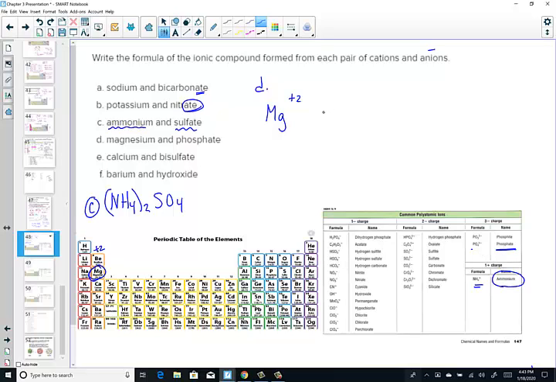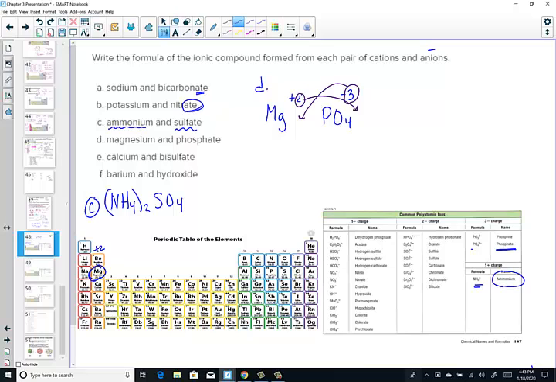There's one phosphorus chemically bonded to four oxygens, and it carries a -3 charge, a group of atoms acting as a unit carrying a net charge of three negatives. All right, so here we have an opportunity to think about crisscrossing charge. That 3 comes around and down and tells me how many magnesium ions we need. The 2 will come around and down and tell me how many phosphate ions we need.